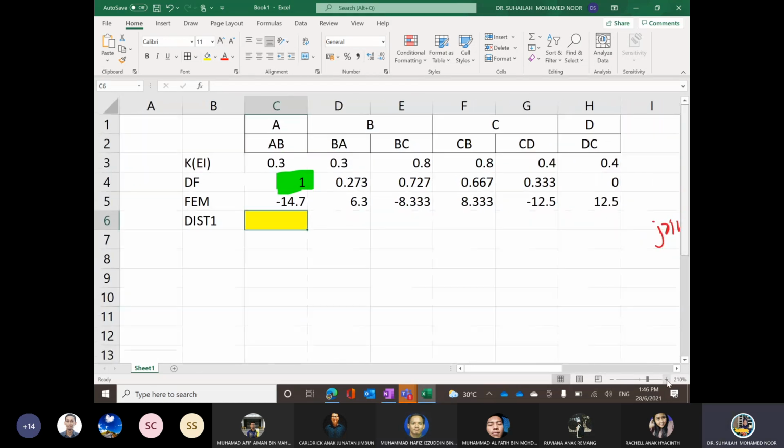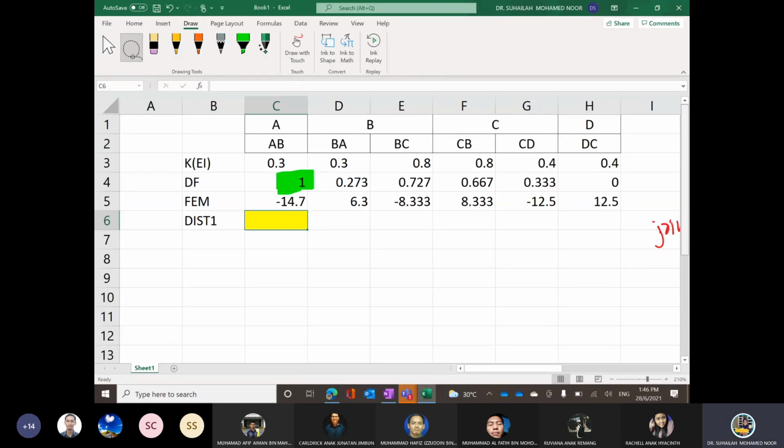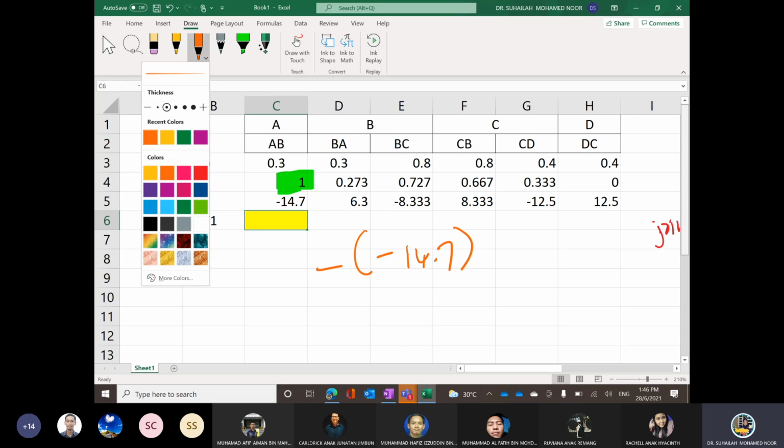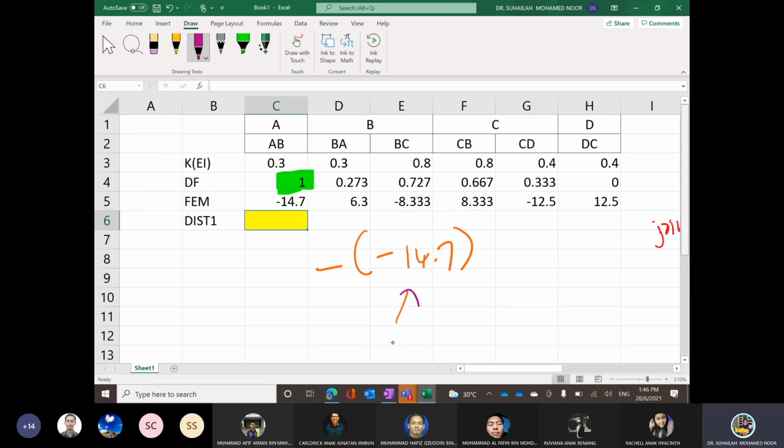It is 14.7. Okay, it is negative. This is actually FEM, right? This represents the opposite condition.